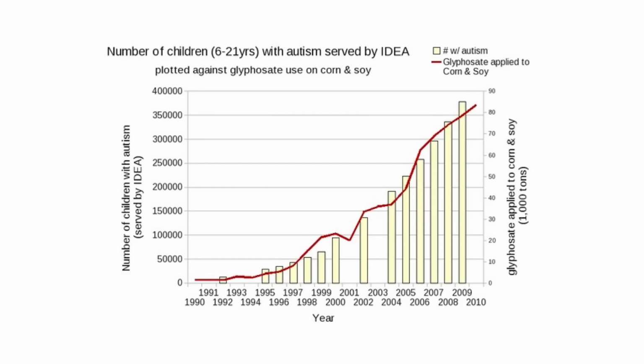This is called glyphosate. You can see that in red you have the glyphosate, and in yellow you have the autism bar. And the correlation between the two is very, very strong.